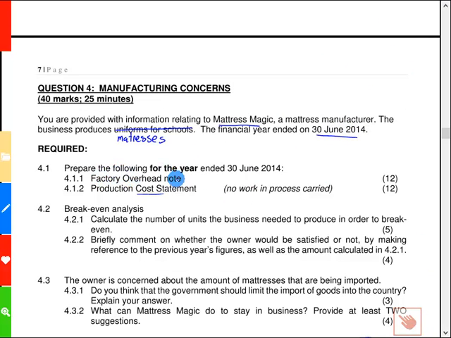Prepare the following for the year ended 30 June 2014. Factory overhead notes and the production cost statement. So which items do we find in the production cost statement? What are we calculating when we're calculating the total in the production cost statement? We've got 3 things that always make up the cost of a product.